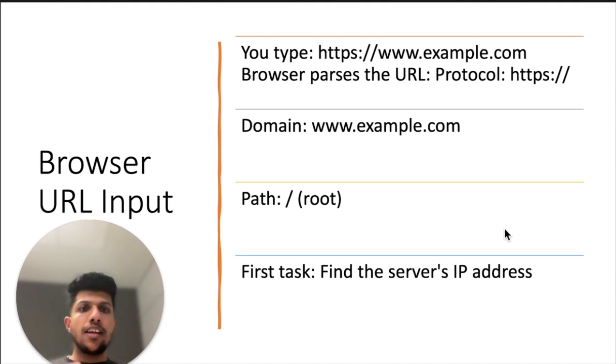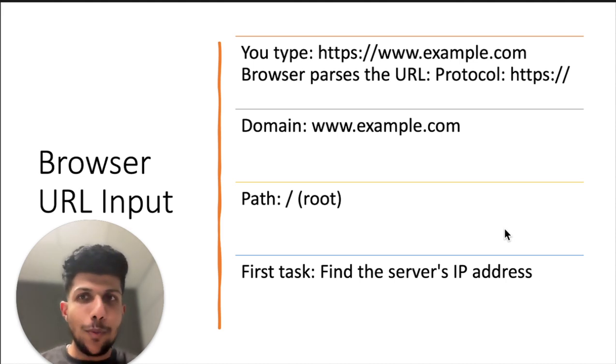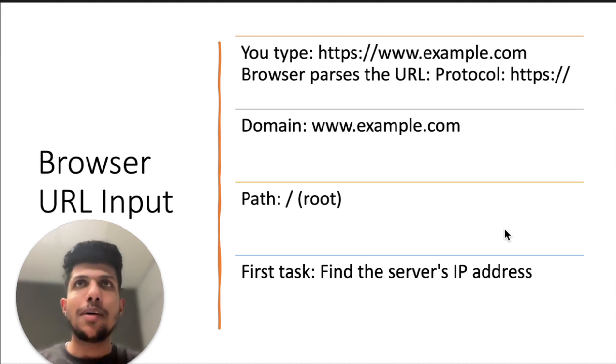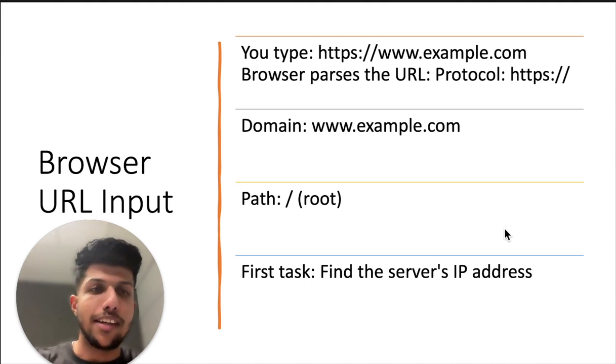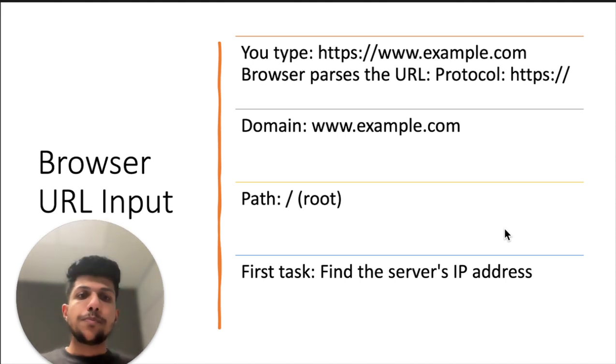Okay, so the browser faces this challenge. The domain name should be human readable, right? But the browser can understand only numbers, only IP addresses, like which server it needs to redirect the request to. So it needs the server's numerical IP address. But humans cannot remember numbers.